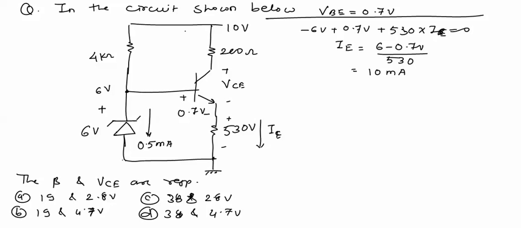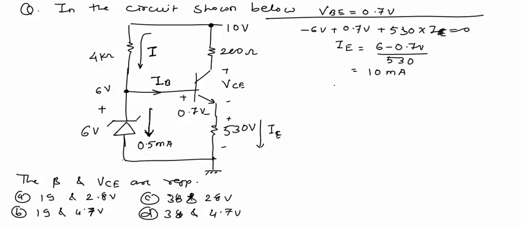Now the current through this 4 kilo ohm resistance is, let's say, I. This current I will be divided into two parts. One is the base current of the transistor, and the other is the Zener current, that is 0.5 milliampere given in the problem. This I can be calculated directly. This voltage is 10 volt, this voltage is 6 volt.